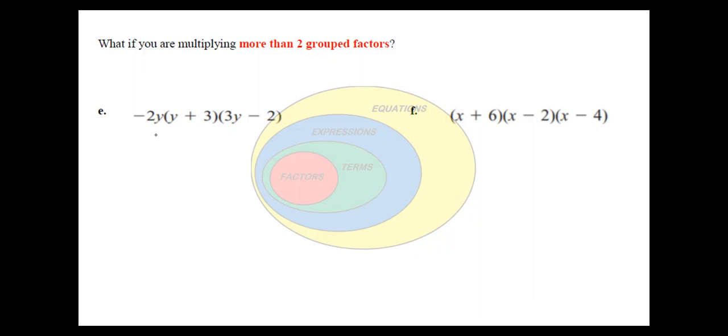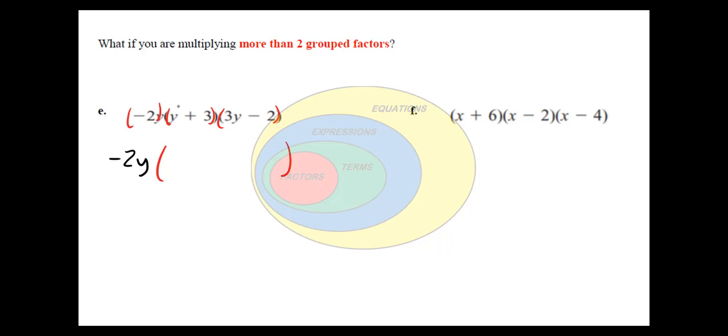So if you look at this first expression, we got a term outside times a binomial factor times another binomial factor. So what I'm going to do is keep the first term, the negative 2 times y, and then underneath that, I'm going to keep track of the trinomial factor that I get when I distribute.